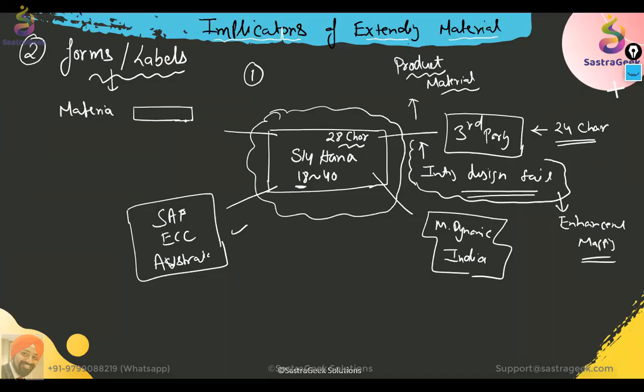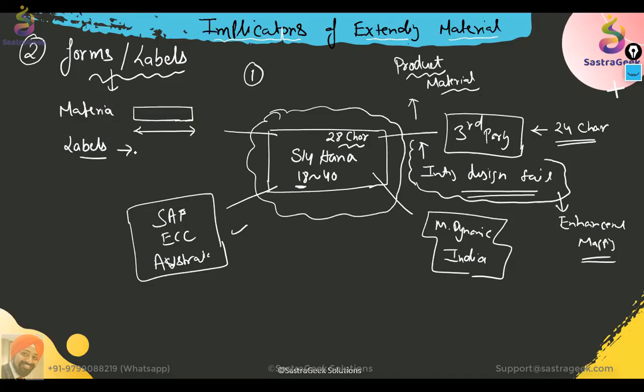Sometimes the forms are complicated, so what ABAPers do is they say, okay, the material is 18 characters, so they only give a space where the 18 characters come. So what will happen if you increase the length? Either only the first 18 characters would be displayed, or that field will overlap onto the other fields. Your forms can get disturbed. Same thing, you need to check your labels.